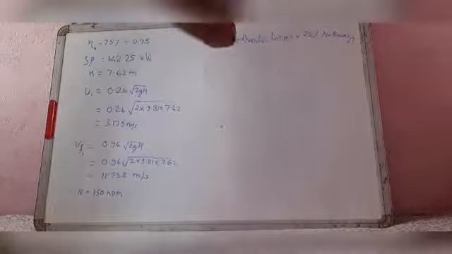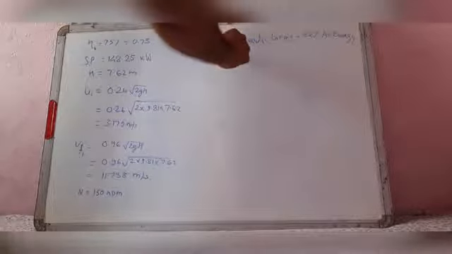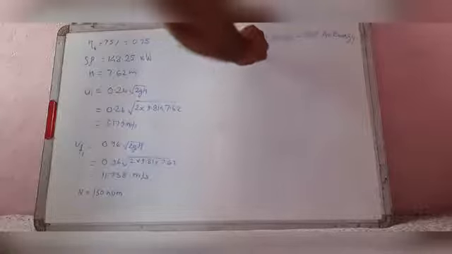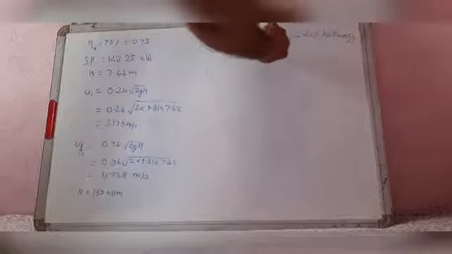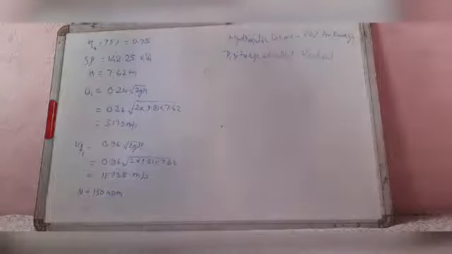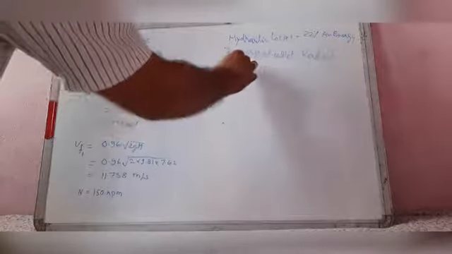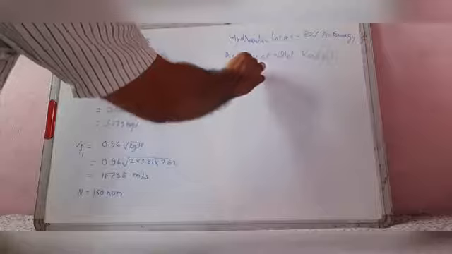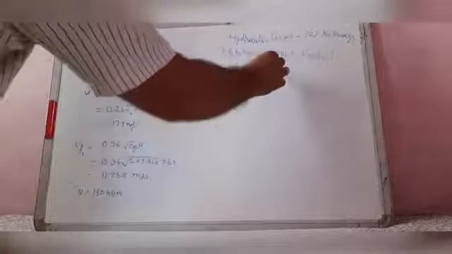Discharge at outlet is radial. This is important for the Francis turbine. Discharge at outlet is always radial here, so VW2 equal to 0 and VF2 equal to V2.